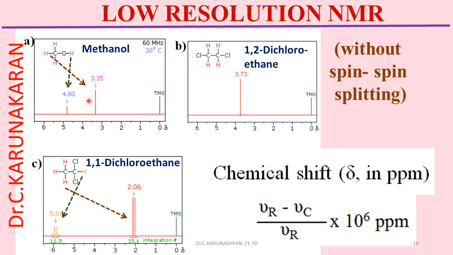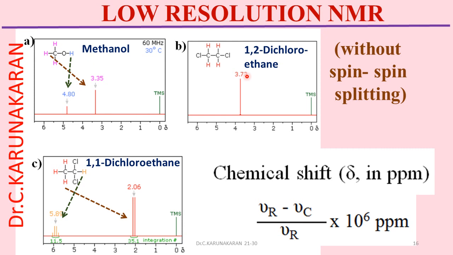The OH proton is less shielded because oxygen is more electronegative and attracts the electron pair towards itself, whereas the methyl protons occur at a resonance frequency of delta value 3.35, and are shielded compared to the OH proton.